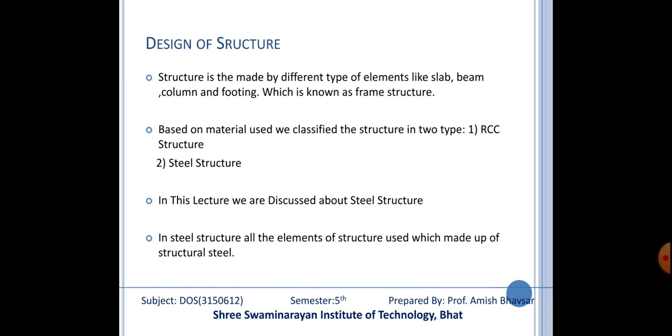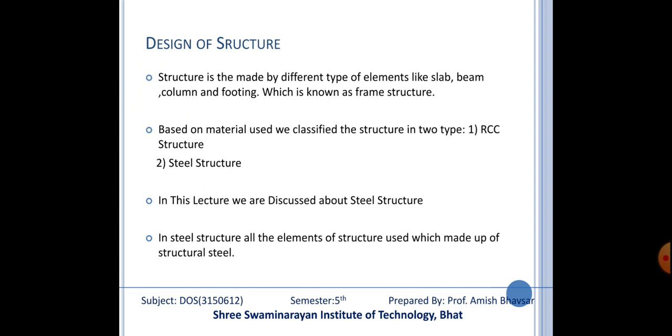Here we are talking about the building structure. That's why we have to have knowledge about the structural elements. We have four types of structural elements: slab, beam, column and footing. The purposes of these elements are important and different.